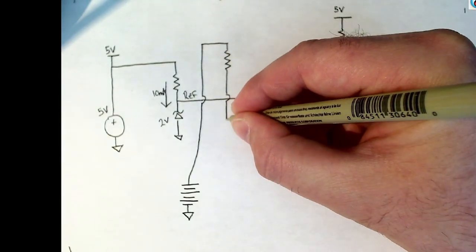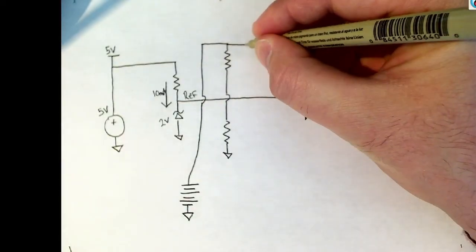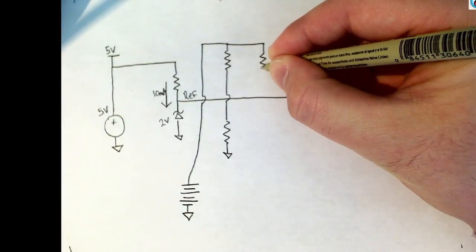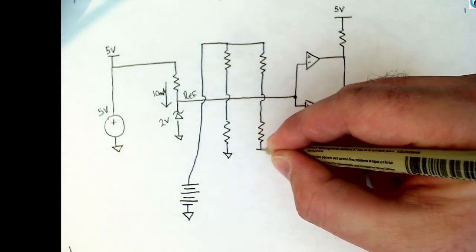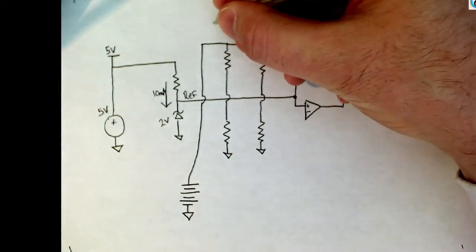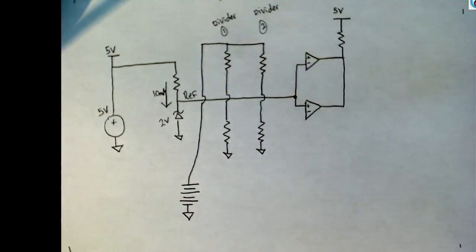Then we can just take our battery voltage, send it through a couple of voltage dividers. You want to define each of these voltage dividers such that the voltage coming out of that divider will hit the reference when it passes the threshold where you want the output to go low.